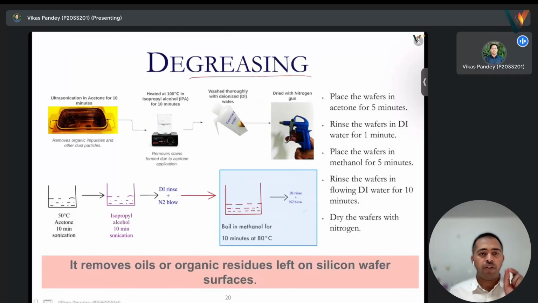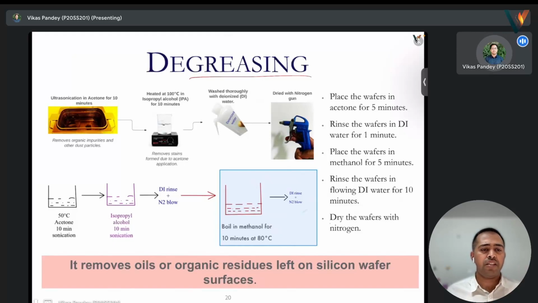Degreasing means removing grease or organic contaminant very fast from the silicon wafer surfaces. This is not a perfect process, but if you have a wafer, you are doing one process and you want it to be clean, you just put it through a degreasing process.